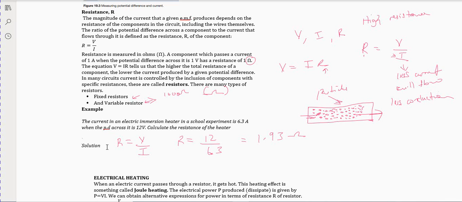So whenever current is flowing through this electrical heater, it's going to heat up very quickly, because there's nothing there to impede or slow down the charges when they are flowing through the heater. This is the overall resistance of that heater, and it tells us clearly that the heater will heat up very quickly, because nothing is resisting the flow of charge.